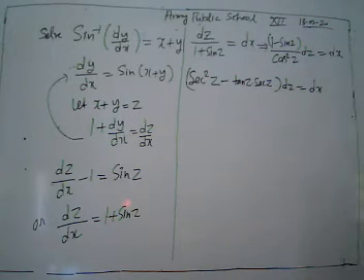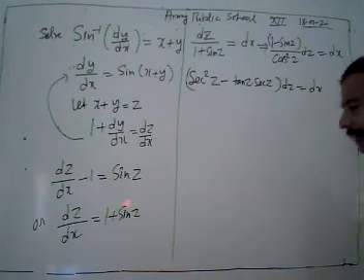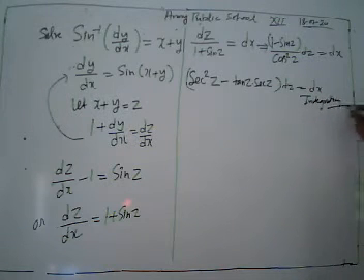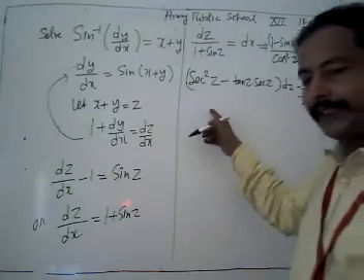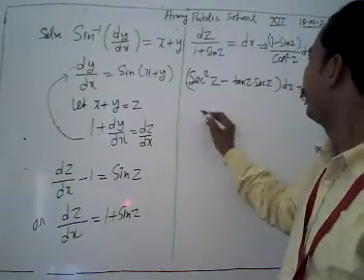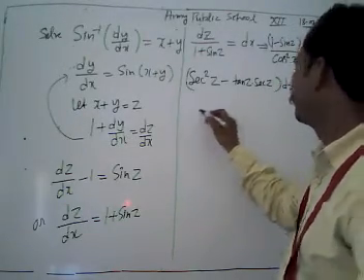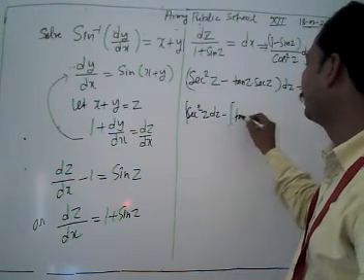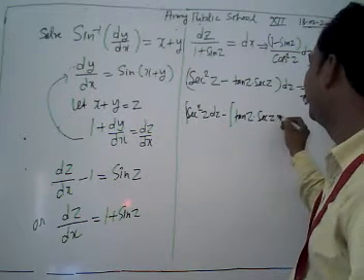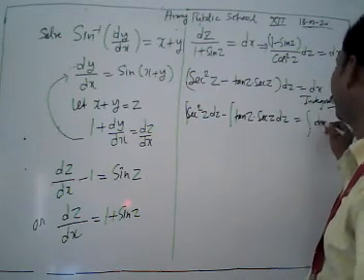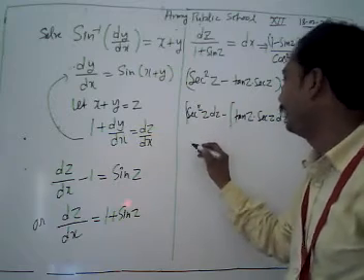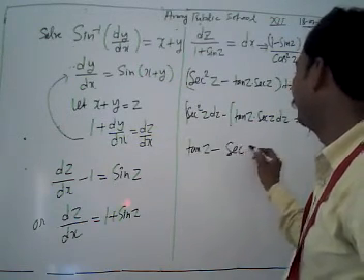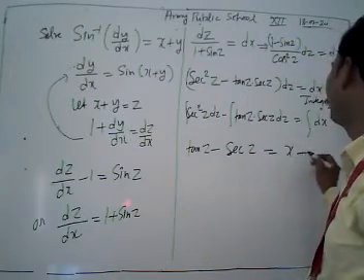Now what we have to do? We integrate both sides. Integration of sec square z dz minus integration of tan z sec z dz equals integration of dx. Then we get tan z minus sec z equal to x plus c.